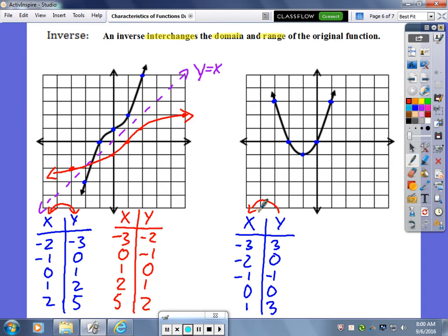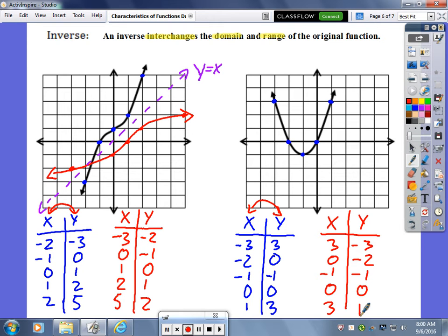Flip the coordinates to create a new table of values. Now the x values are 3, 0, -1, 0, and 3. The y coordinates are -3, -2, -1, 0, and 1.